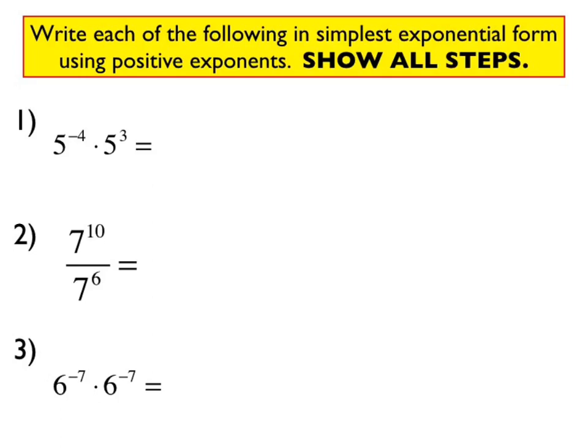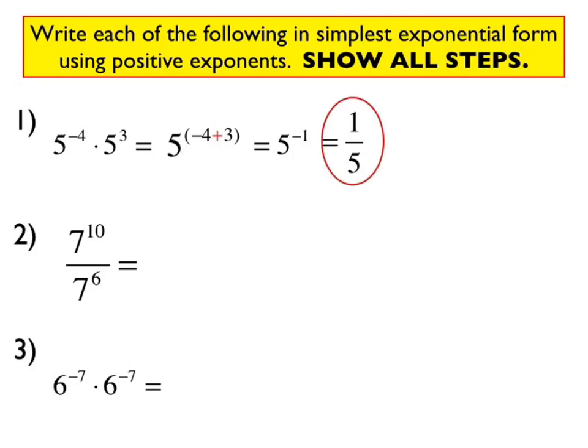So now we get to start really talking about the rules and applying them. When we are multiplying exponential expressions with the same base, we add the exponents. So that simplifies to 5 to the negative 1. But remember, unless we're told that it's okay to leave it like that, we can't leave things with negative exponents. In MyOpenMath, you're probably going to have to write that as 1 over 5 to the first. So just keep that in mind.